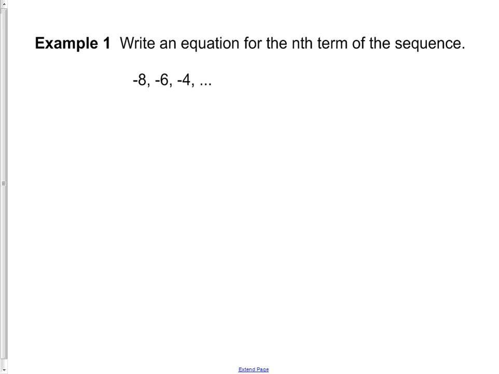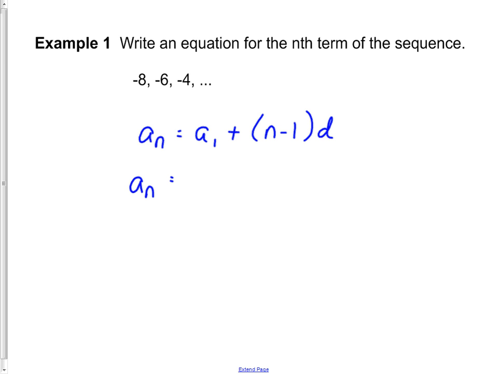So let's take a look at an arithmetic sequence. Here we want to write an equation for the nth term of this arithmetic sequence. So the equation, a sub n equals a sub 1 plus n minus 1 times d, is what we'll use. I want to find the nth term.